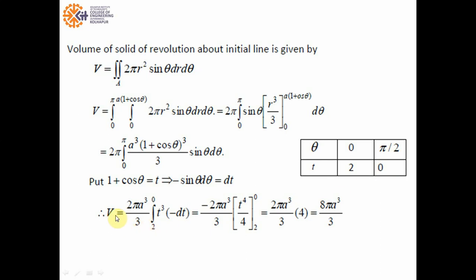So we get V = 2π a³/3 integration 2 to 0 of t³, and putting the value of sin θ dθ as −dt, the minus sign is taken outside: −2π a³/3 integration of t³ with respect to t, we get t⁴/4, upper limit 0, lower limit 2. It is equal to 2π a³/(3 × 4) times 16. After simplifying, we get the answer 8π a³/3. This is the final answer of the example.